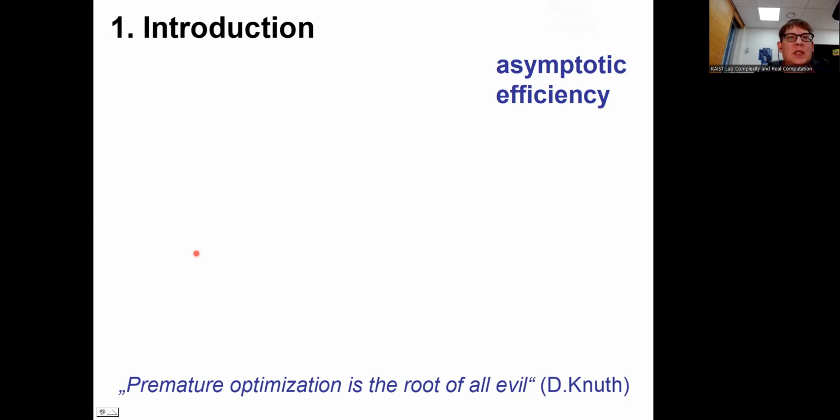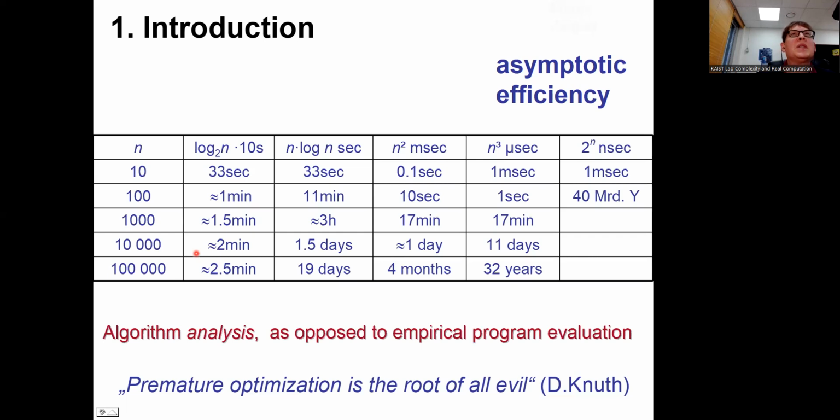And the reason is that having an asymptotically more efficient algorithm easily trumps any improvement in constant-factor acceleration, like proceeding to a faster computer or even proceeding to a parallel computer. And let me illustrate that with this table.